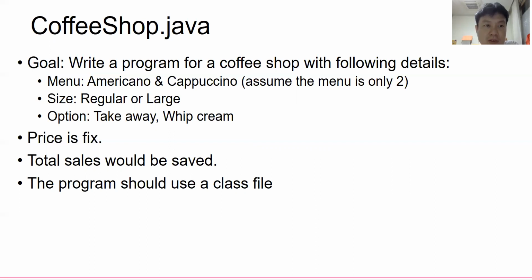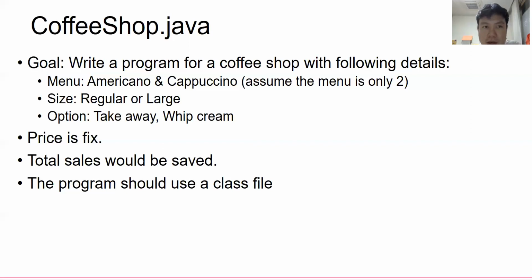It means you as the customer may want to know about the total price, and the program should use a class file. You already learned about object oriented, and you can create a class, and it can be anything about the object of the coffee shop.